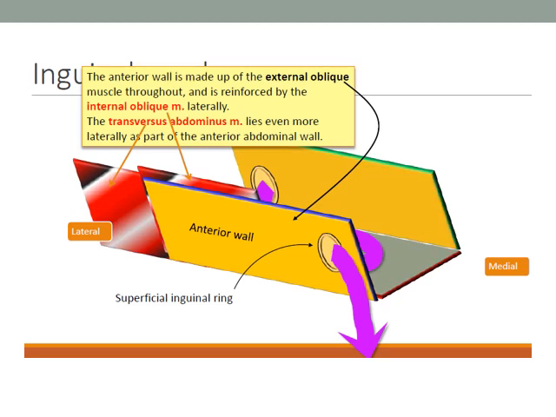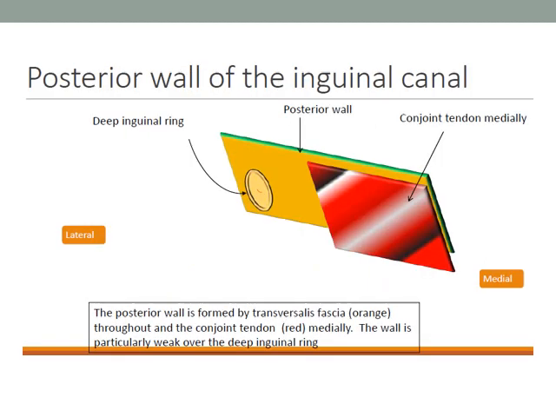The transverse abdominis muscle lies even more laterally as a part of the anterior abdominal wall, so it is higher than the internal oblique. The posterior wall is formed by the fascia transversalis, the orange one, all through, and the conjoined tendon medially. The wall is particularly weak over the deep inguinal ring.